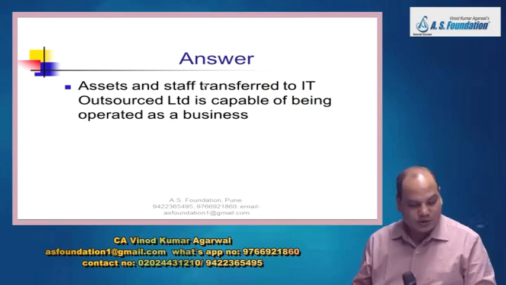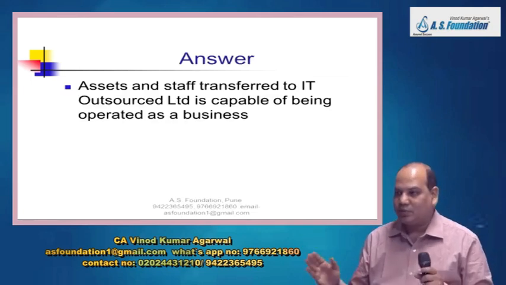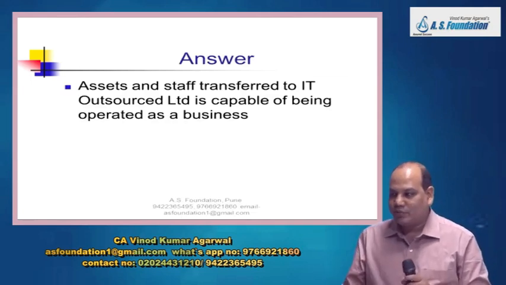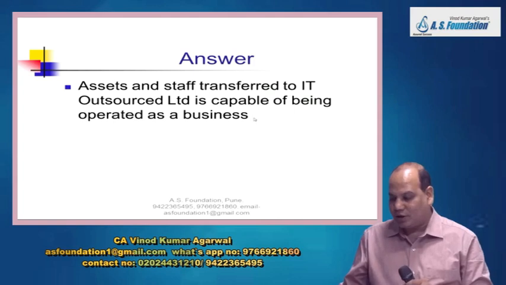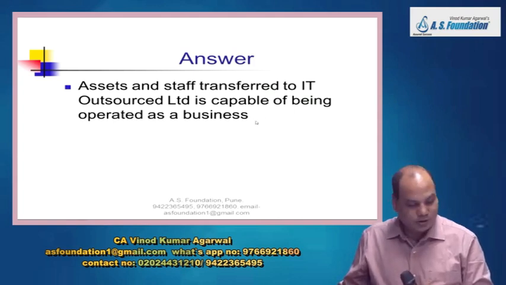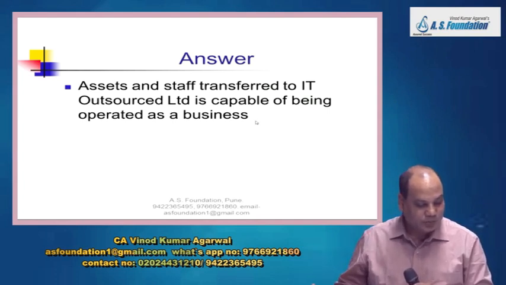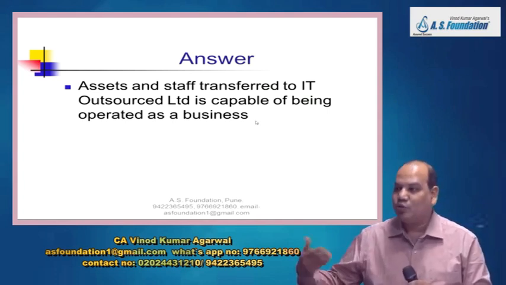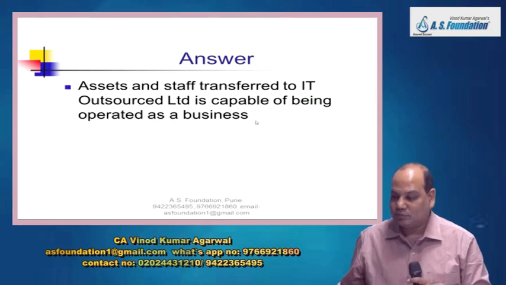Then in the exam you can stretch this answer by saying that there is an input, there is a process, and it has generated output which right now can be used for cost reduction, but after acquisition by IT Outsource Limited can be used for generating revenue also.